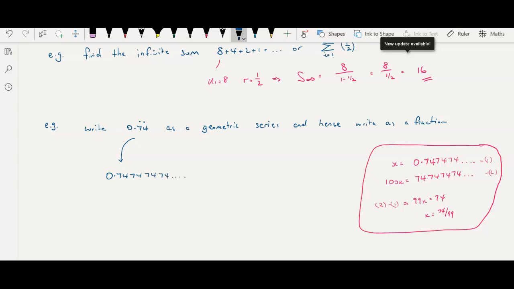So if we want to write this now using its place value, we would write this as, think about it, 74 over 100. Right, that accounts for these 2 decimal places here.